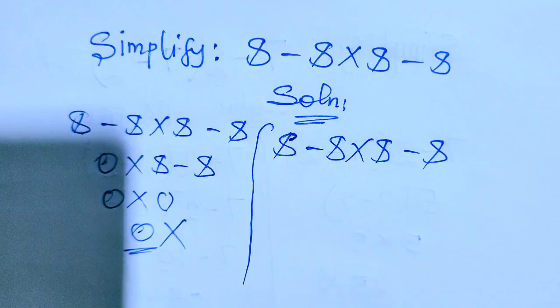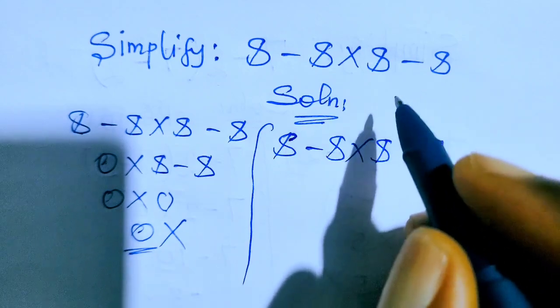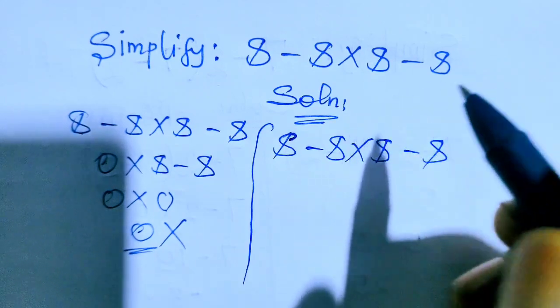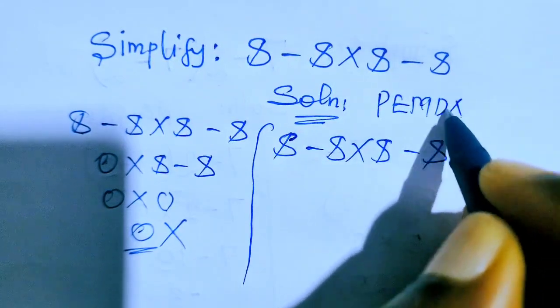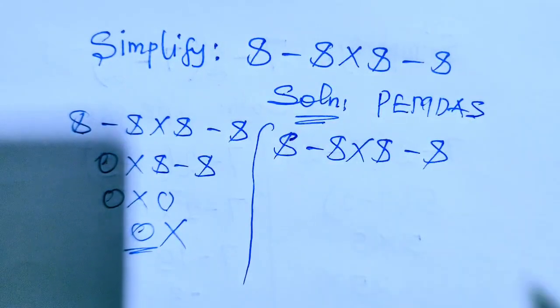Now, we are going to apply this order of operation we call PEMDAS, or you can use BIDMAS or BODMAS as well, both to give you the correct answer as long as you apply them correctly.